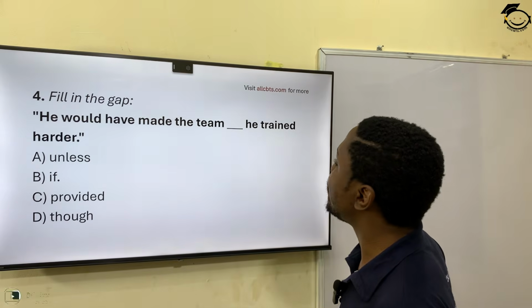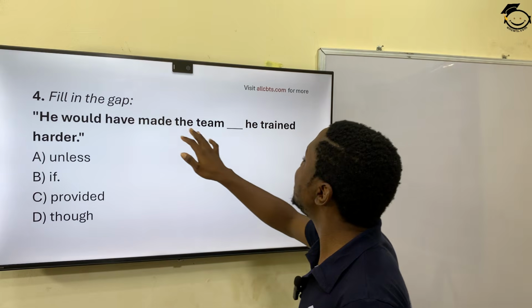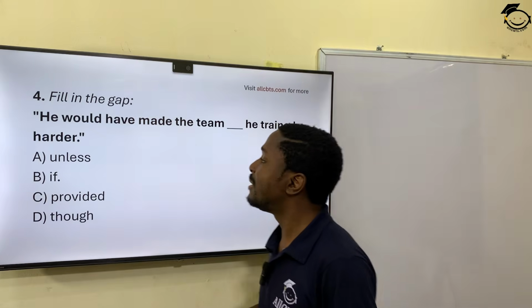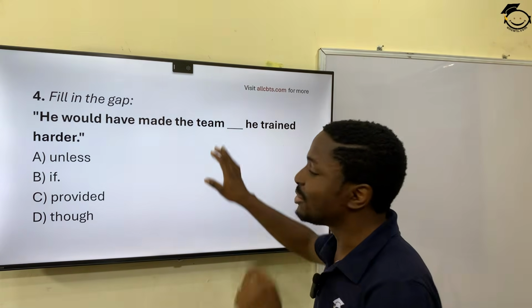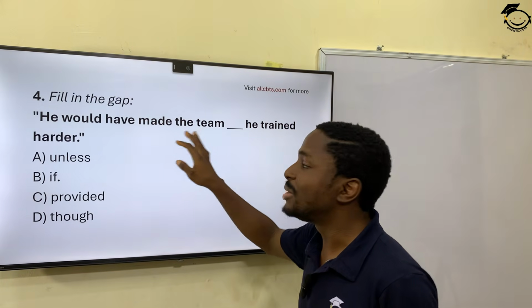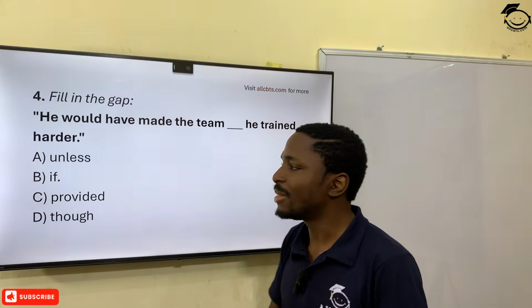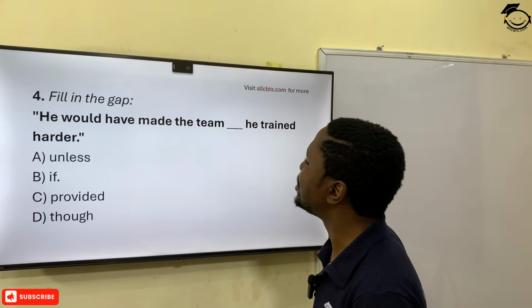And then we move to question 4. Fill in the gap. He would have made the team dash he trained harder. This is a conditional statement. He would have made the team if he trained harder. Not unless he trained harder, provided he trained harder, or though he trained harder.